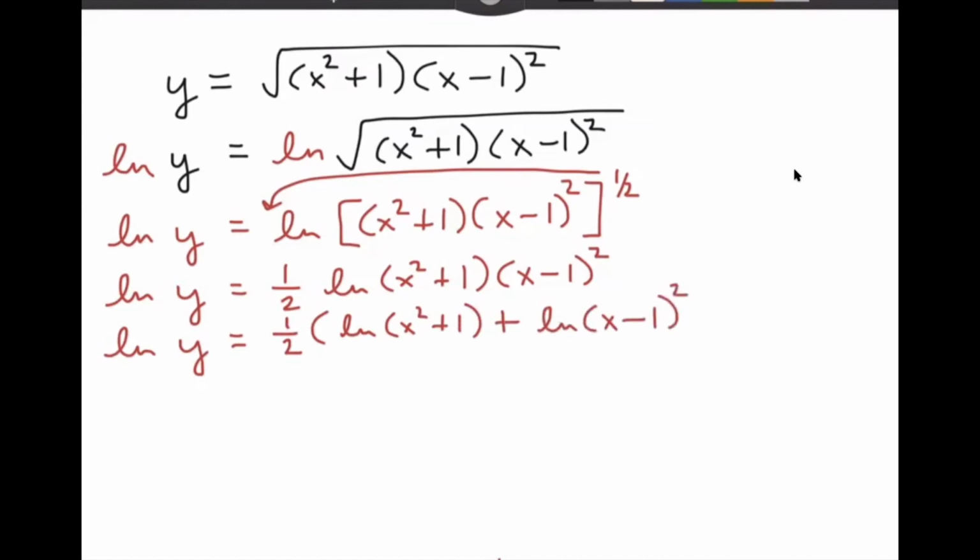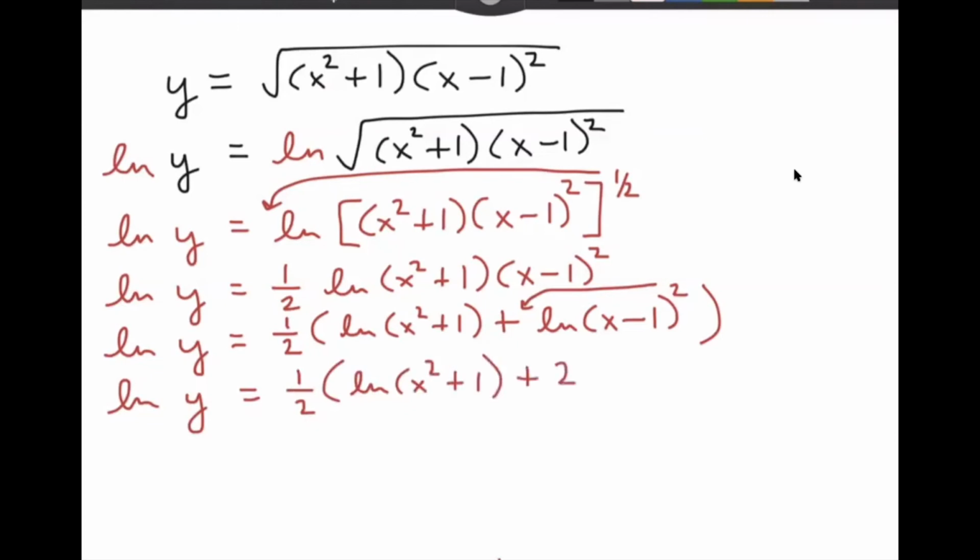And then I'm going to use my power rule for logarithms one more time, and that's going to give me natural log y equals 1/2 times natural log x squared plus 1 plus 2 times natural log x minus 1. I guess if I wanted to, I could distribute that 1/2. It would knock out the 2 on that second term. I don't think it's all that important.